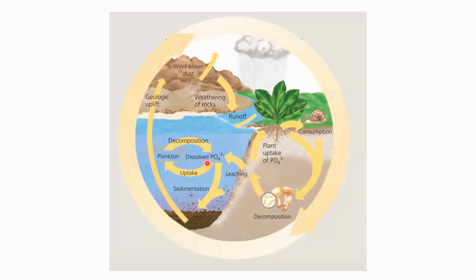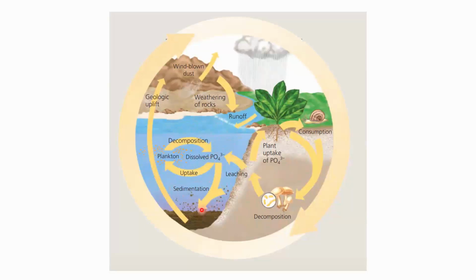So these dissolved phosphate molecules are taken up by the planktons, and this is a complete cycle where the uptake of phosphate takes place by the planktons. The decomposition of these planktons again releases the phosphate into the water bodies.